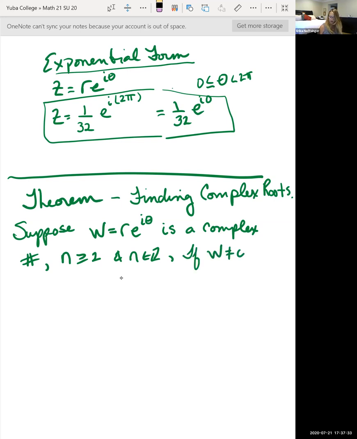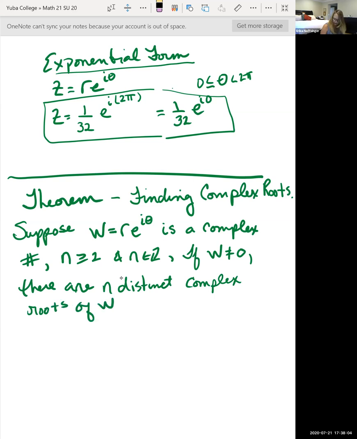Our value of w just can't be 0. Then there exist, or there are, n distinct complex roots of w, given by the following formula.